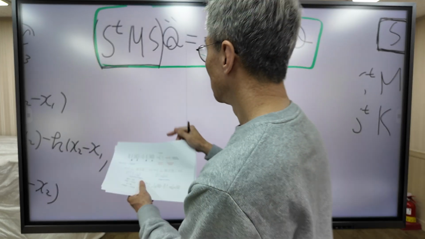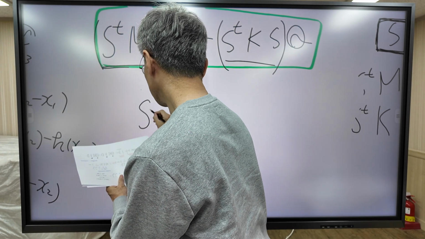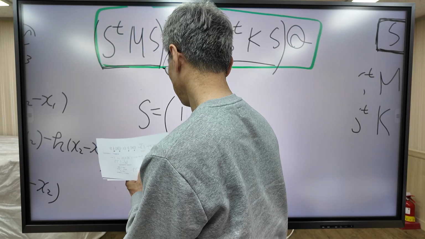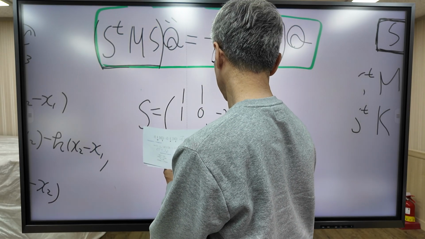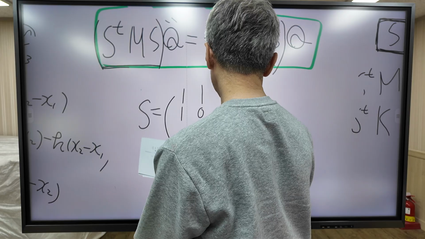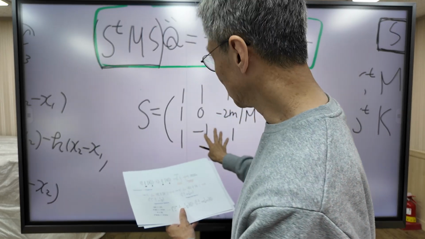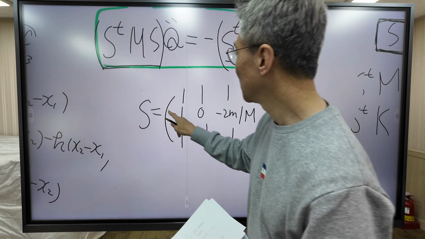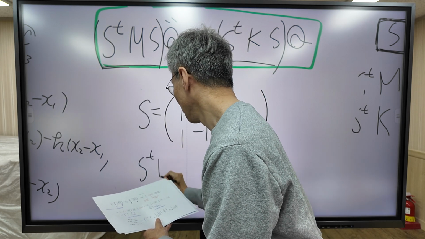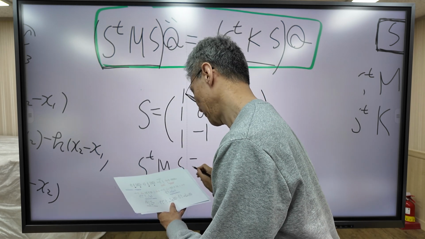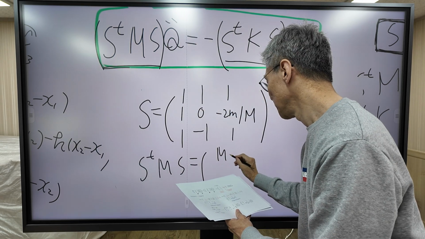So the specific form is like this. For our specific case, S is this one. So using this S, this one looks like this one.